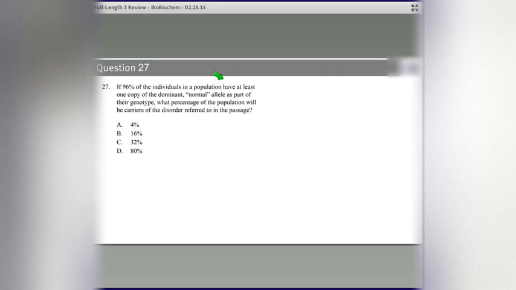So if we're thinking about this idea, the fact that we can have two copies, we can either have big A, we can have one big A, or we can have big A, big A. So that means, what are the two genotypes that are possible? Let's say that we're using A as our alleles. What are the two genotypes that are possible if you have at least one copy of the dominant one?